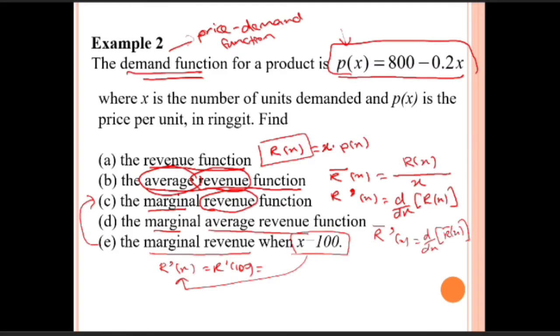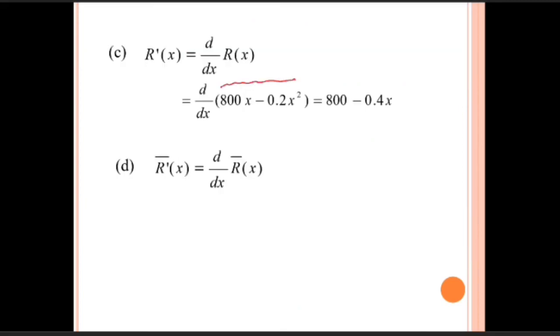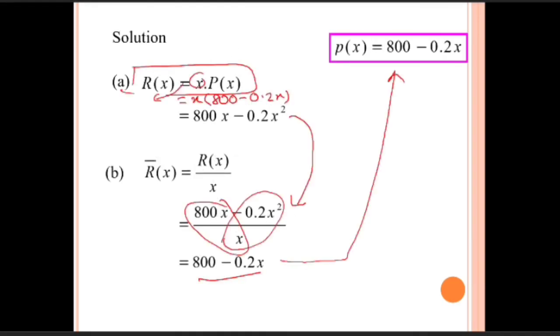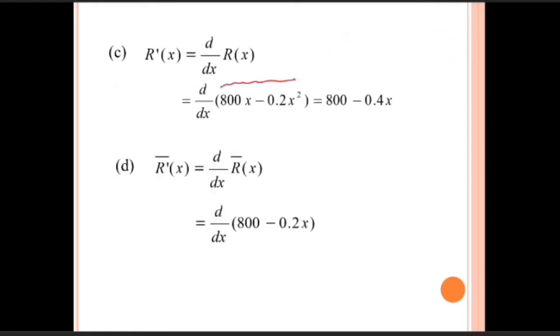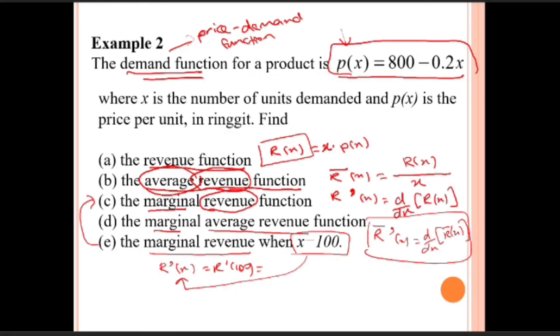Question D is finding the marginal average revenue function. So it's just differentiating the average revenue. Write your average revenue function obtained in B, 800 minus 0.2x, and then you get negative 0.2. Question E wants you to find the marginal revenue when x is 100.